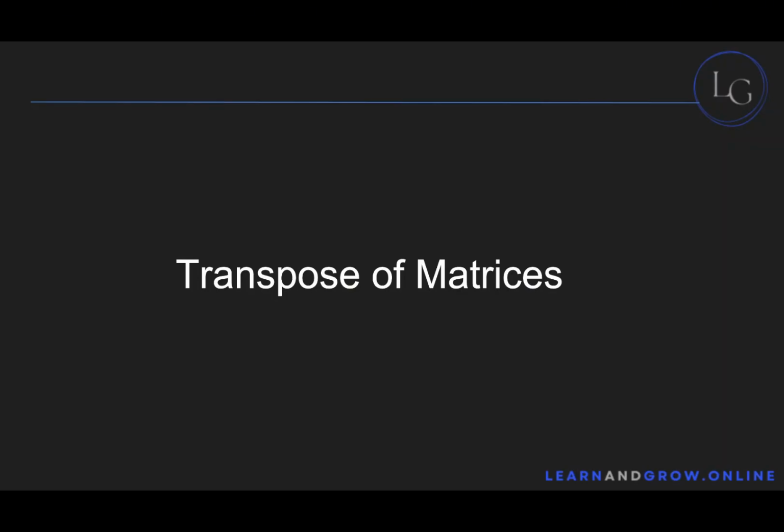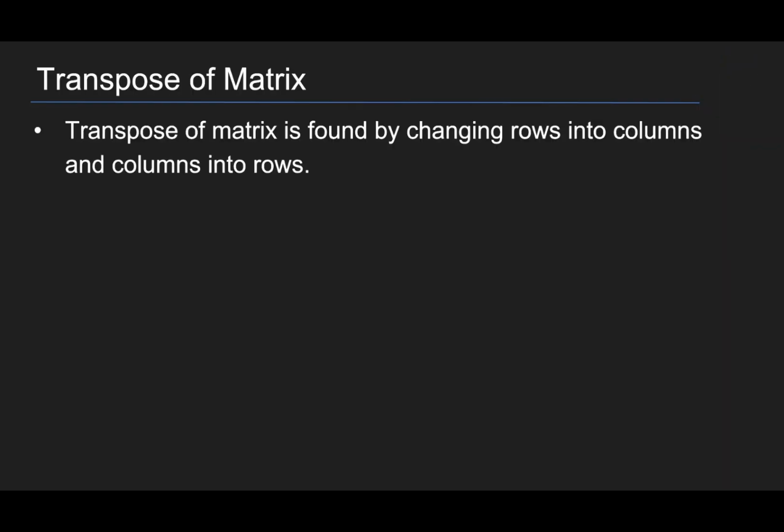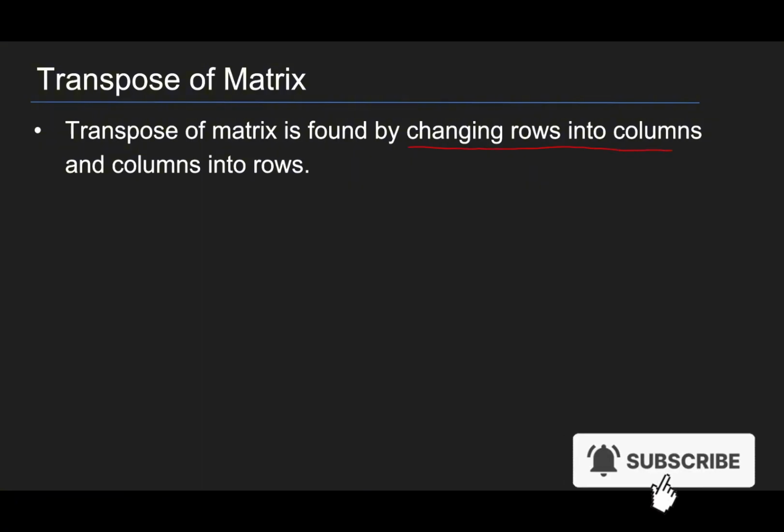So let's discuss the transpose of matrices. Now, what is the transpose of a matrix? Well, the transpose of a matrix is found by changing rows into columns and columns into rows.